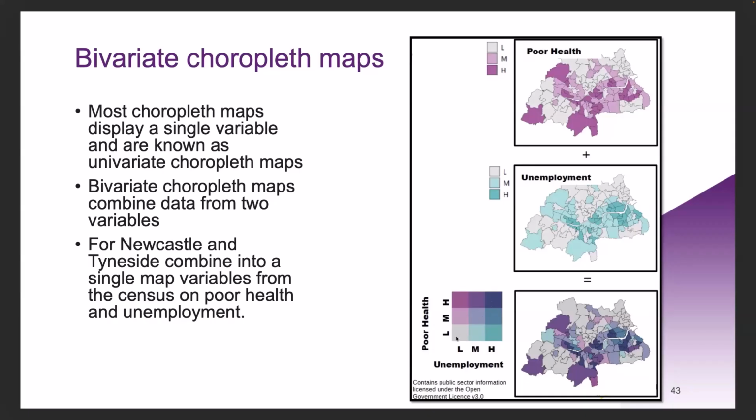Where they're both low, you'll get grey, and then in between you'll get different combinations of cyan and purple. In one single map, we're showing two variables at the same time, which can be useful for census data, especially multivariate census data. The key thing with bivariate choropleth maps, though, is to make sure you pick variables that are related, because otherwise you could create some quite misleading looking things.